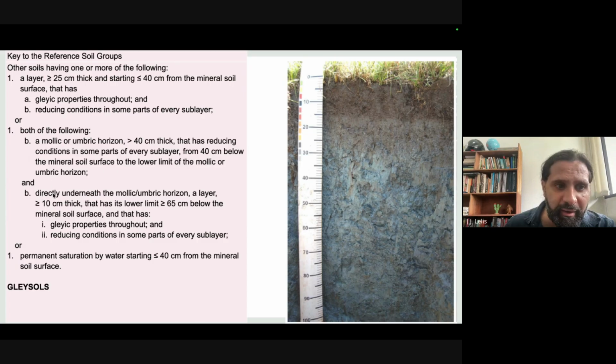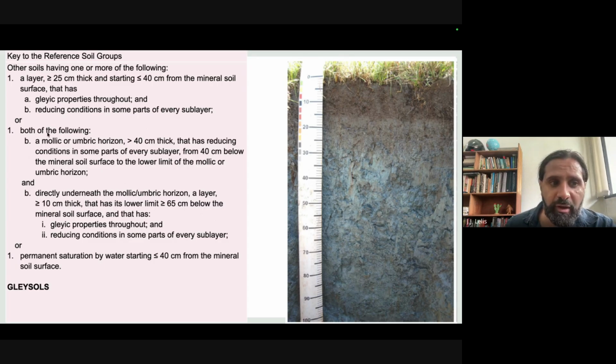And I must register directly underneath the mollic or umbric horizons a layer with at least 10 centimeters of thickness that has its lower limit equal to or higher than 65 centimeters below the mineral soil surface and has gleyic properties and reducing conditions in some parts of every sublayer.